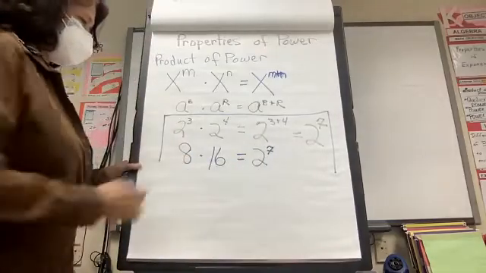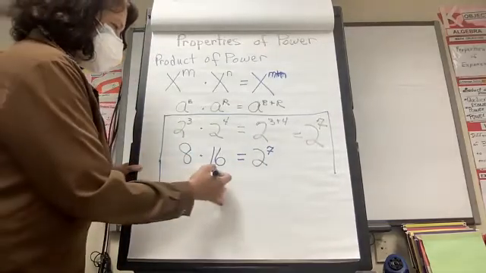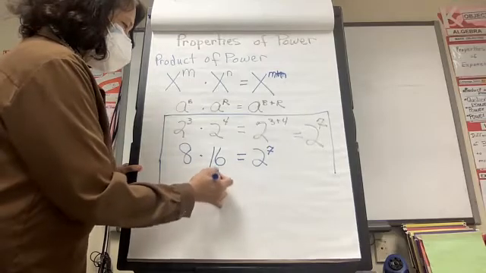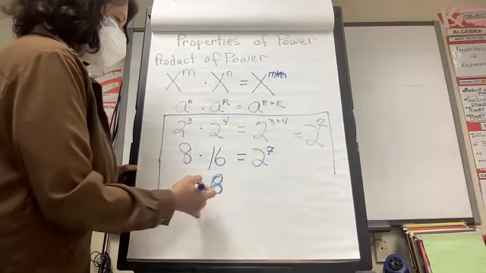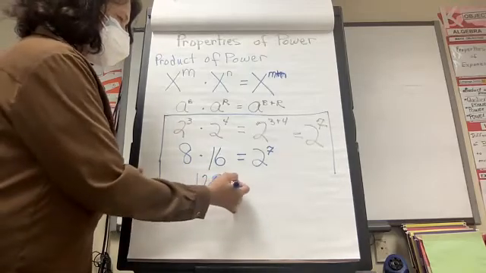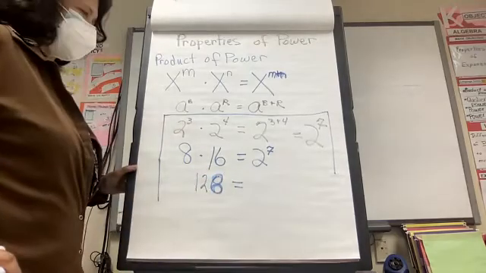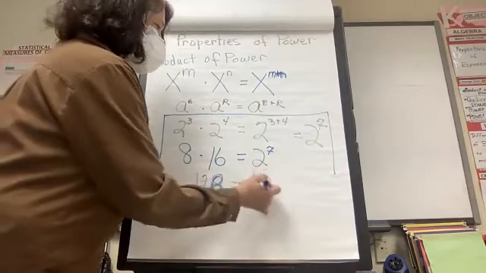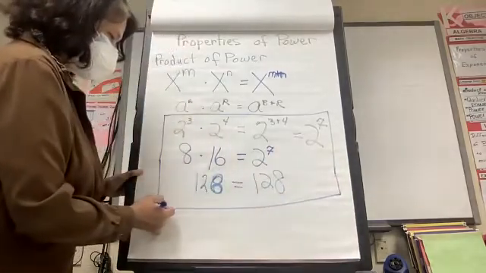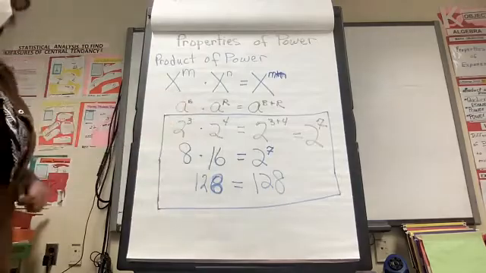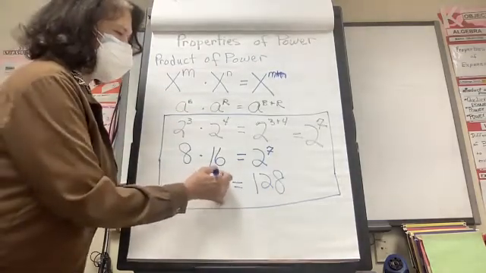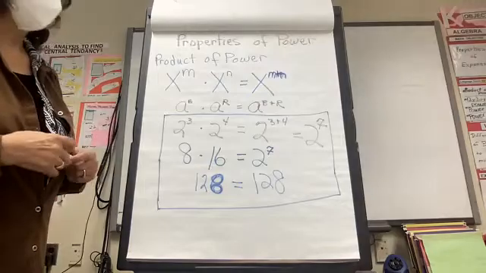So what is 8 times 16? 6 times 8 is 48. 1 times 8 is 8, plus 4 makes 12, 128. And 2 to the 7th, if you multiply that out, you will get 128. So you can see that this method is correct because it gives you the correct answer. Do you understand? Does that make sense?